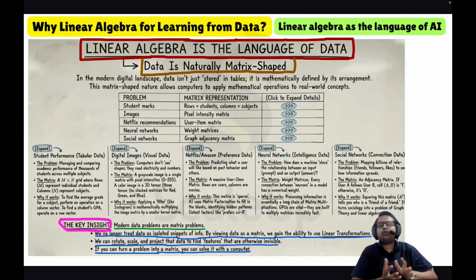If we are talking about computation, about GPUs, then we have to treat the data as a matrix and not as isolated snippets of information. If we can turn a problem into a matrix, we can solve it efficiently using a computer or a GPU. So modern data problems are matrix problems, and hence, if there is a matrix, there will be linear algebra. So we can say that modern data problems are problems of linear algebra.